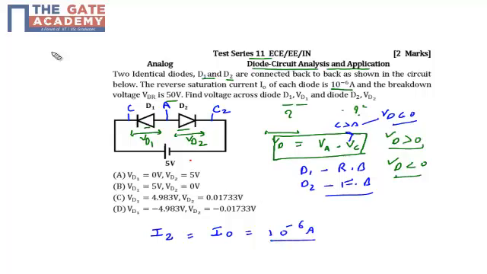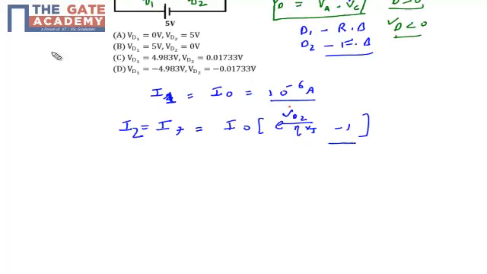The current across the forward biased diode D2 has the expression I naught times e raised to the power VD2 by eta Vt minus 1, which I can name as I2. Here VD2 is the voltage drop across the diode, eta is a material constant, Vt is the thermal voltage at room temperature, and I naught is the reverse saturation current.